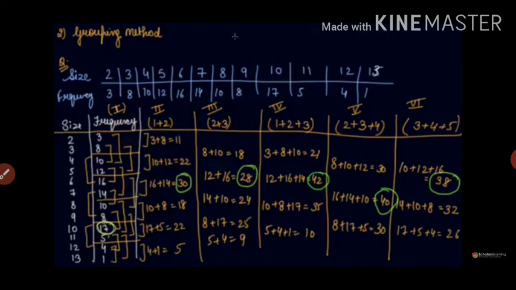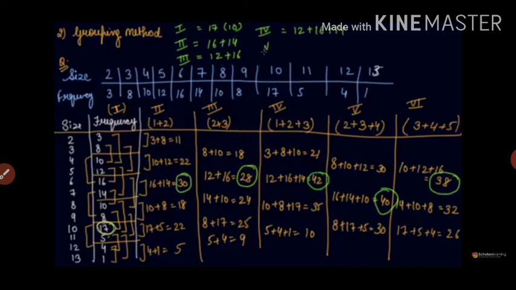As I have to change the page in order to make the analysis table, I am writing the frequencies here. In the first column we had 17 as the frequency, so 17 was corresponding to size 10. In column 2 we had the frequency by adding 16 plus 14. In the third column we had the frequency by adding 12 plus 16. In the fourth we had the highest frequency 42, by adding 12 plus 16 plus 14.